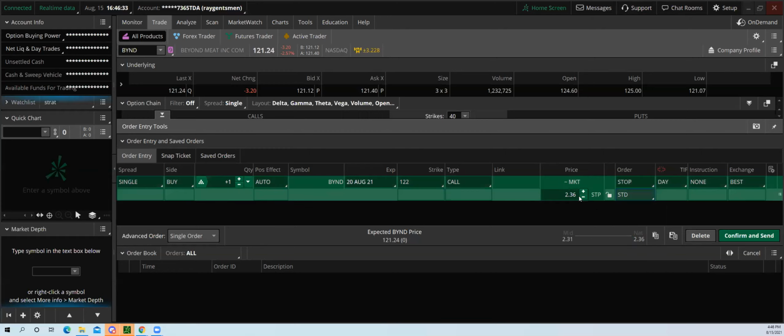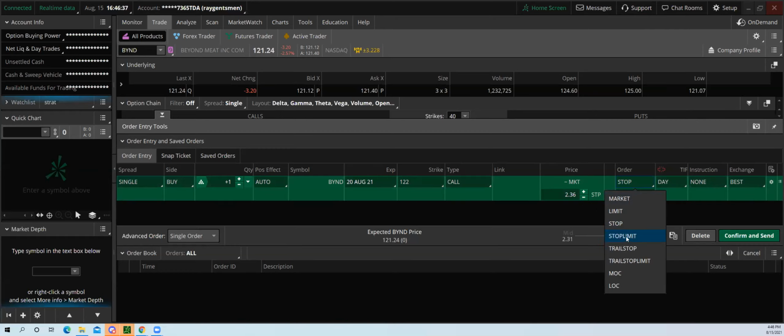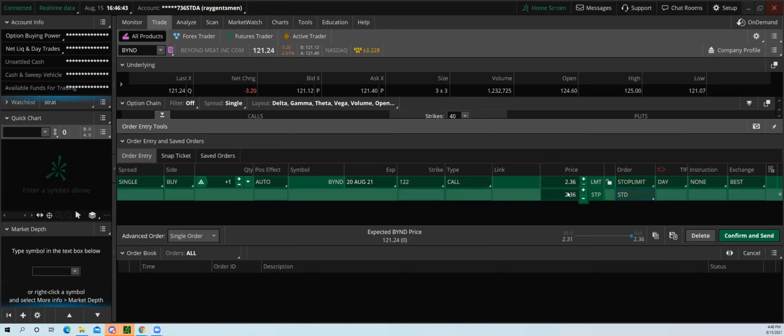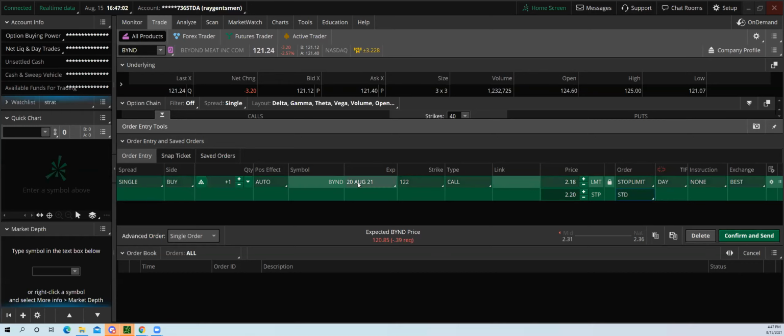A stop would fill at whatever price is available, and a stop limit would fill at the price that you wanted. So if you bought this for 2.36, you would want your stop to trigger at 2.20 when the price gets to 2.20, and then for the limit order, you might have it set to sell at 2.18, and then you just click confirm and send. Literally that simple.